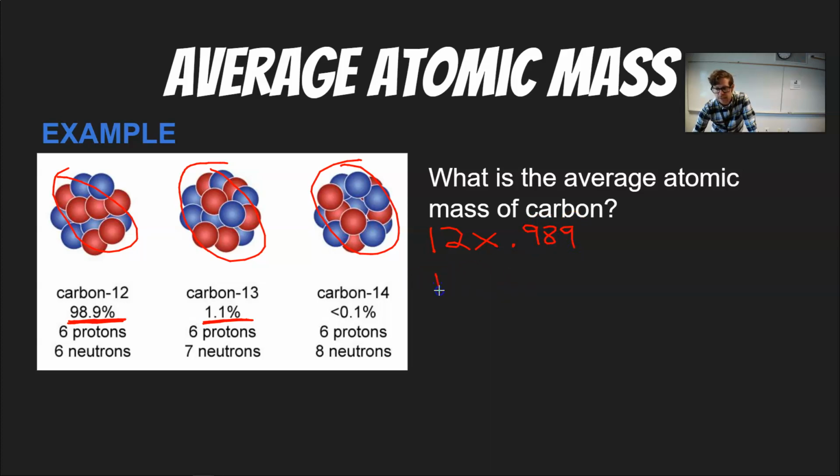Then we take 13, multiply it by 0.011 for the carbon-13, and we take 14 and we multiply it by 0.001, right? And then we can find out what these numbers are using a calculator, which I have right here.